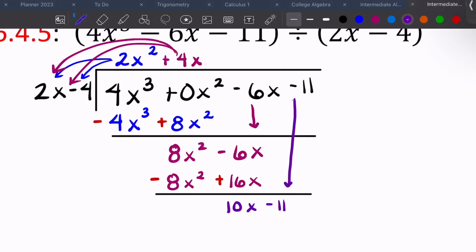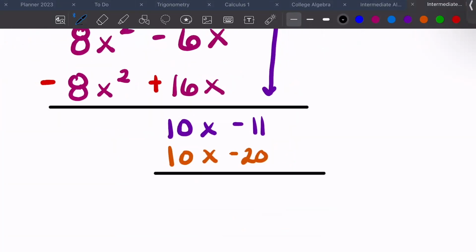2x and 10x. So I need to multiply by 5. Because 5 times 2x gives me 10x. And then 5 times negative 4 gives me negative 20. I'm going to go in and change my signs. Okay.